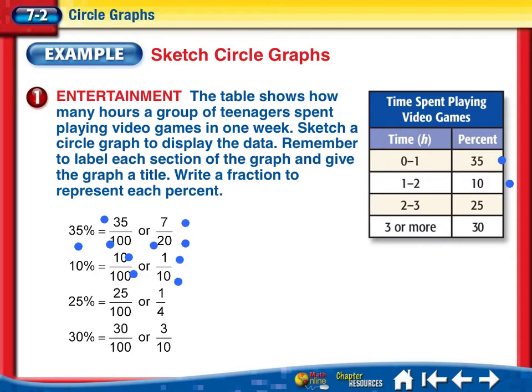Then we look at 2 to 3 hours, it was 25%. 25% is written as 25 over 100. Simplified, it is 1/4. And then 3 or more hours was 30% of the time. 30% is written as 30 over 100, or simplified it would be 3/10.